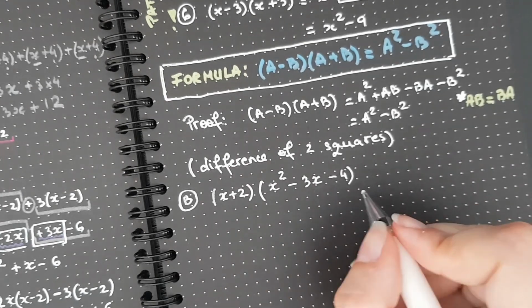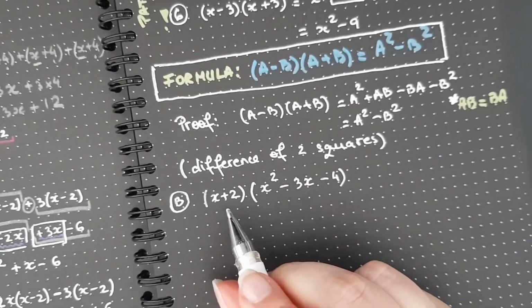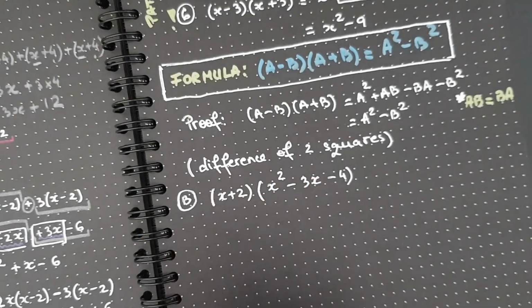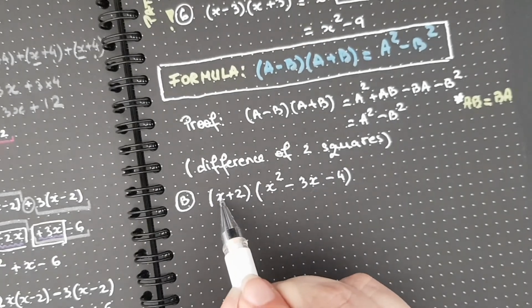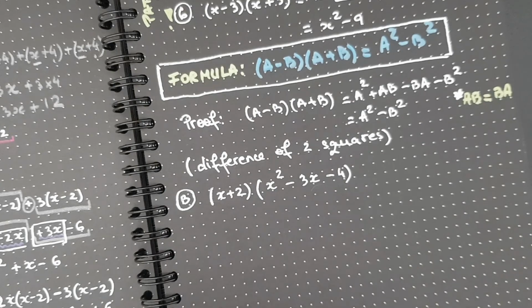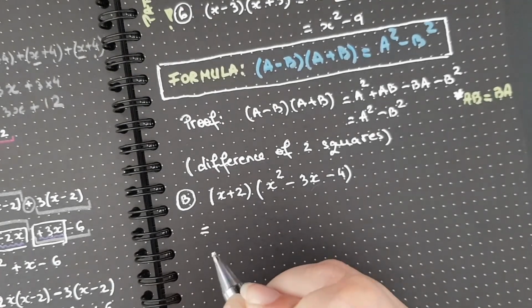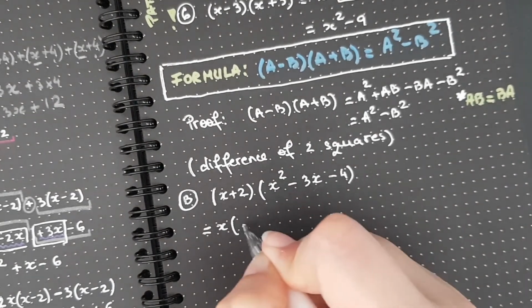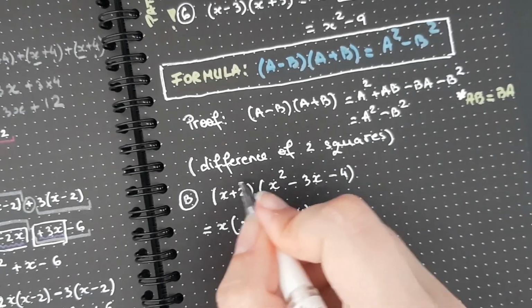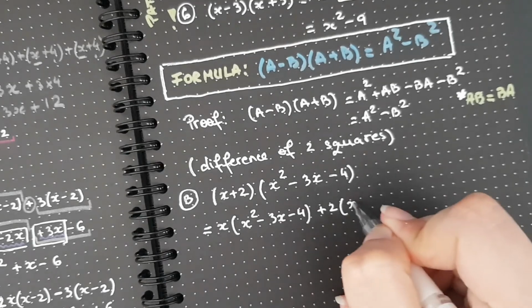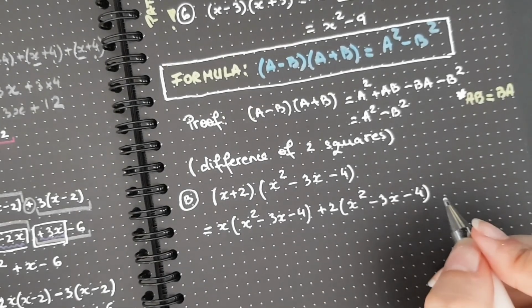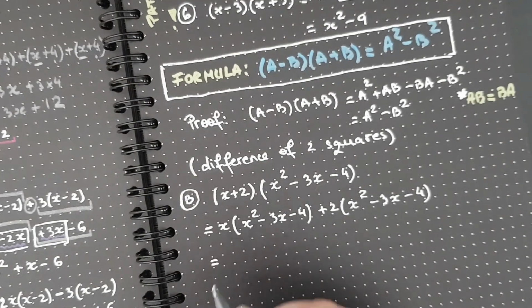So the second or first bracket can be as long as I want, as long as I remember the same idea. I multiply everything from the second bracket by each individual thing in the first one. So this becomes x multiplied by x squared minus 3x minus 4 plus 2 multiplied by x squared minus 3x minus 4. I think it's pretty straightforward. It makes a lot of sense.